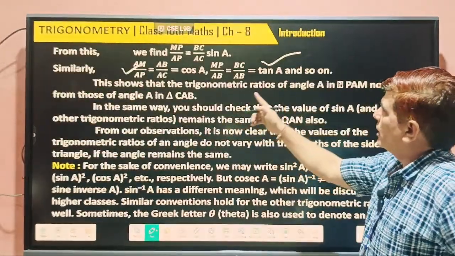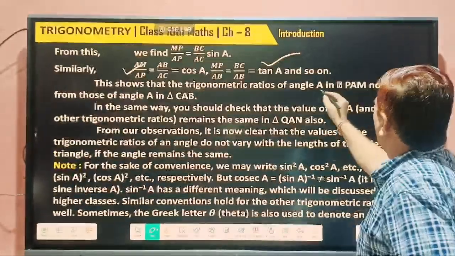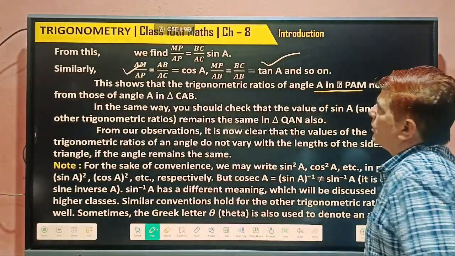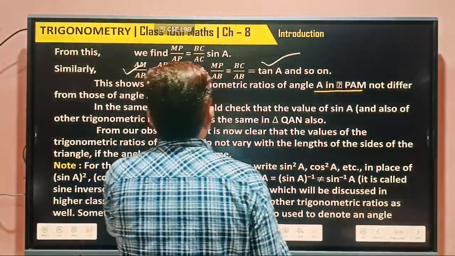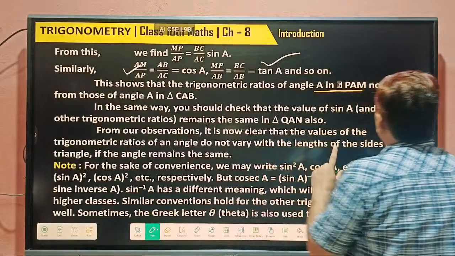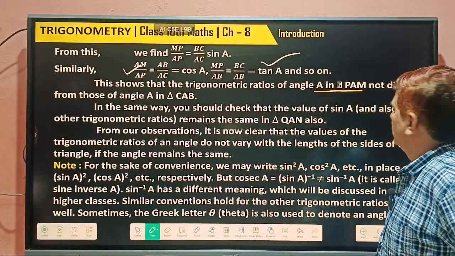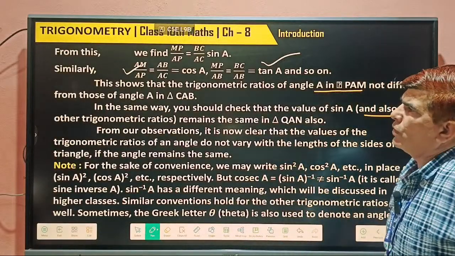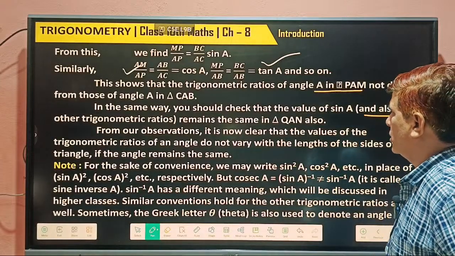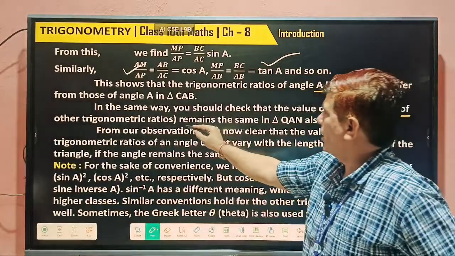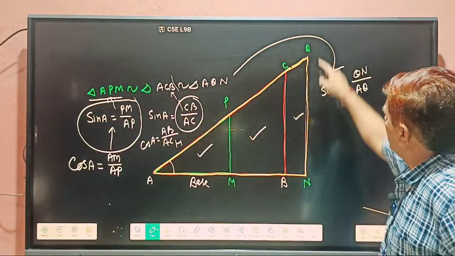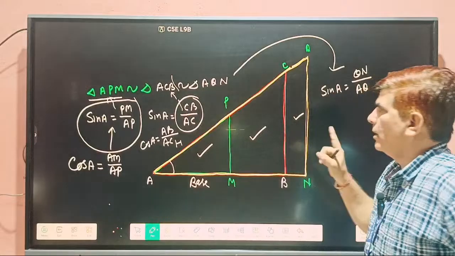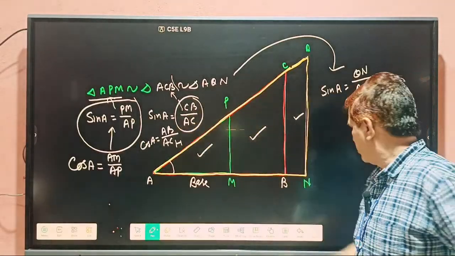This shows that the trigonometric ratios of angle A in PAM do not differ from those of angle A in CAB. In the same way, you should check that the value of sin A and also the other trigonometric ratios remain the same in QAN, which I already told you.